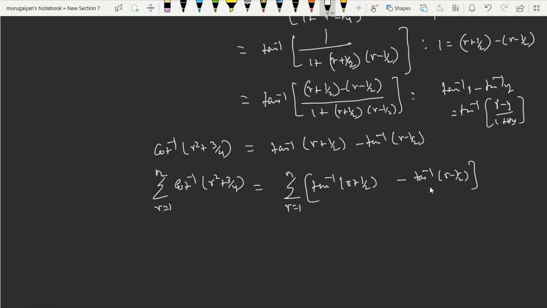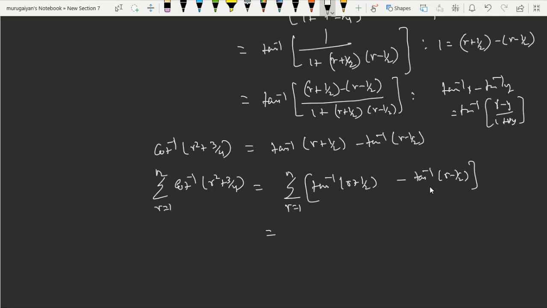That's why the nth term of the series is written as a difference of two terms. So this is also considered a telescopic series. Once the summation is introduced, this is nothing but Sn, the sum of n terms.